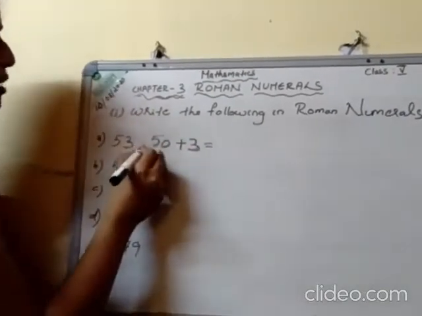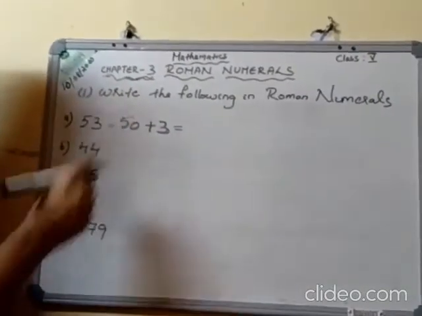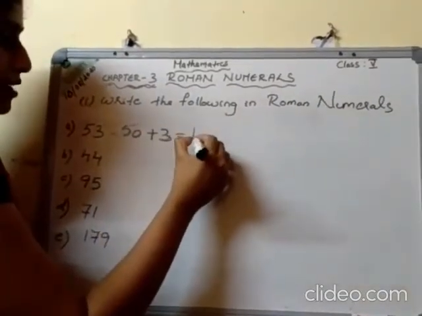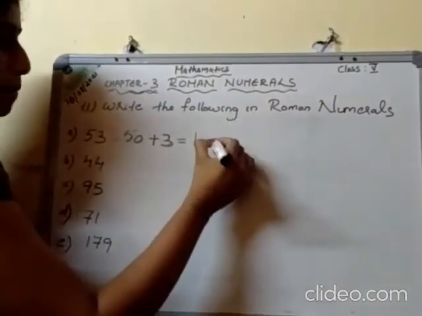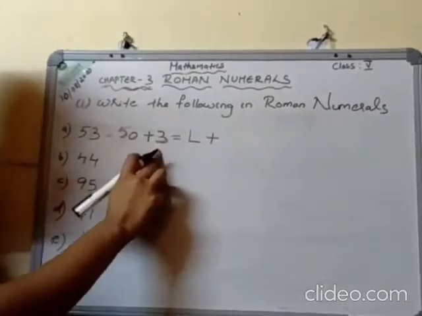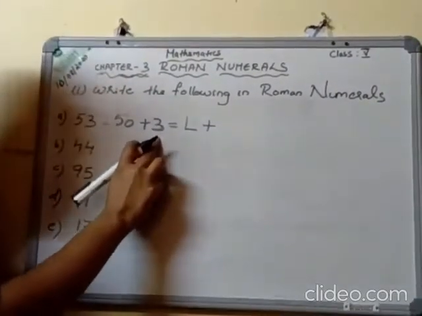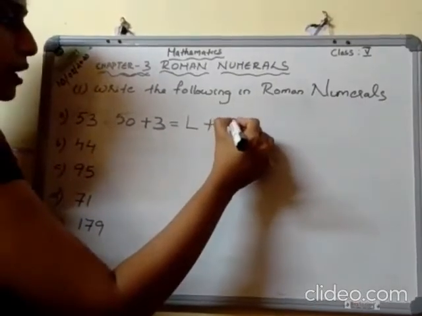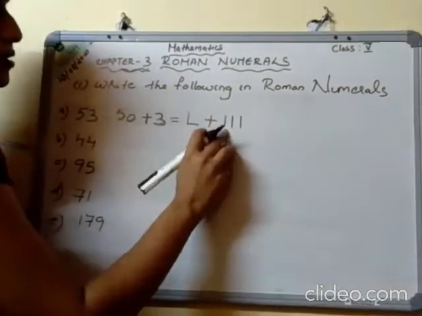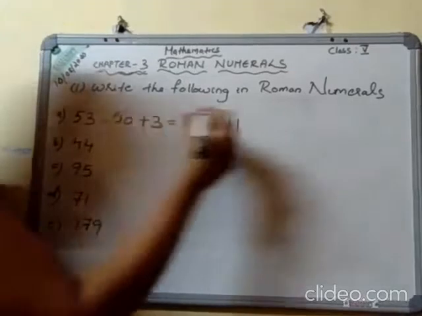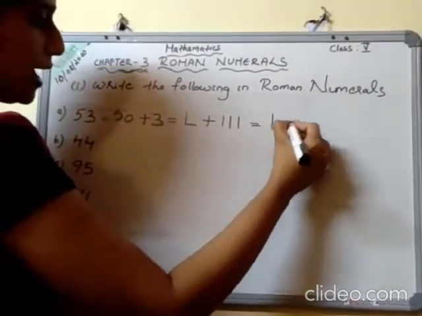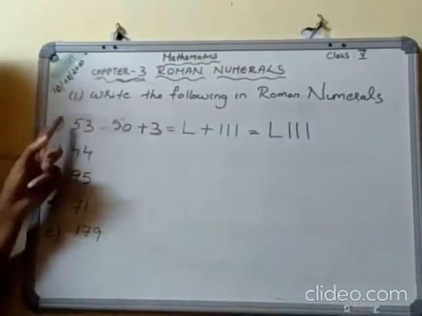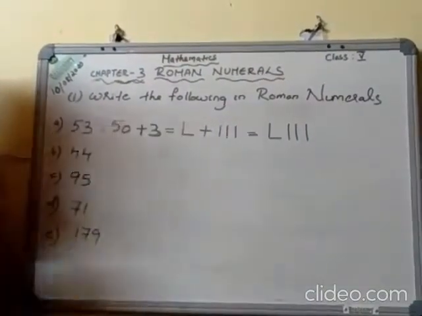And you know the Roman representation of 50: 50 can be represented by L, plus 3. 3 can be represented by III. So 53 is LIII. This is the Roman representation of 53.